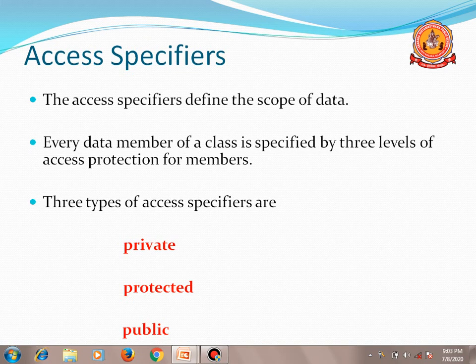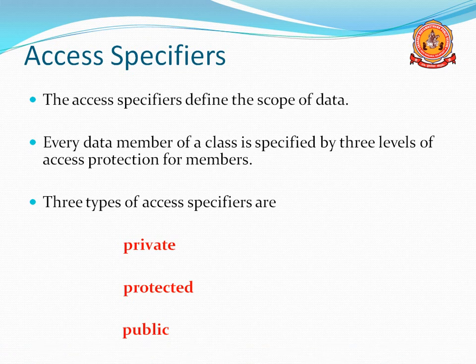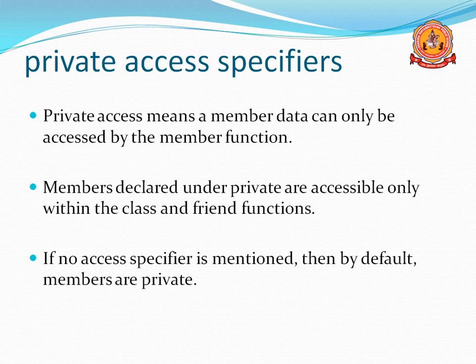Every data member of a class is specified by three levels of access protection. Those three levels of access specifiers are private, protected and public. We can use either private, protected or public. We will see in detail.